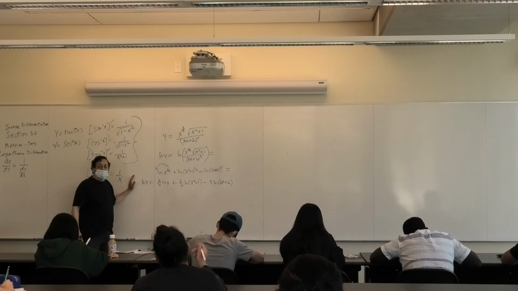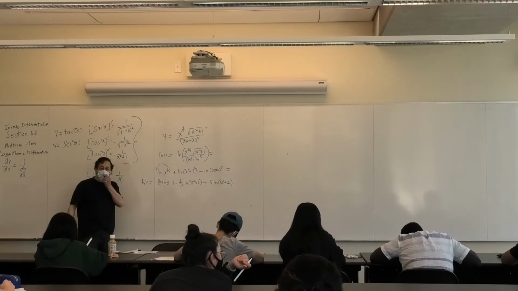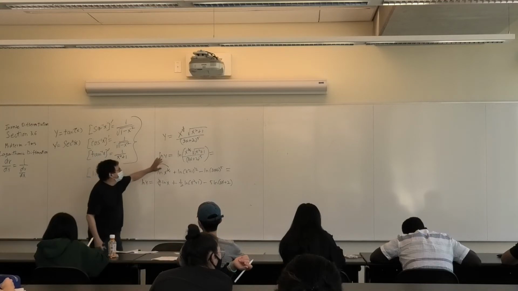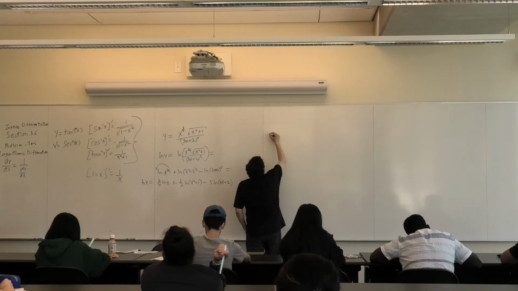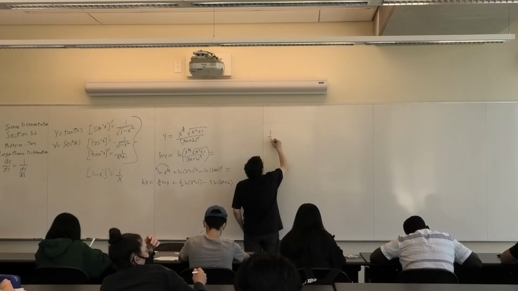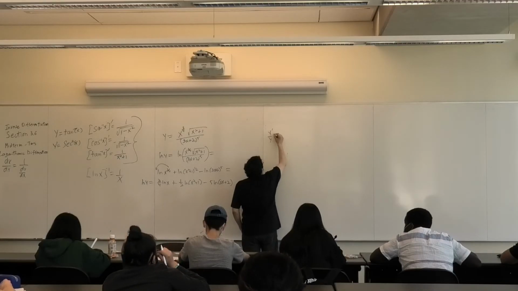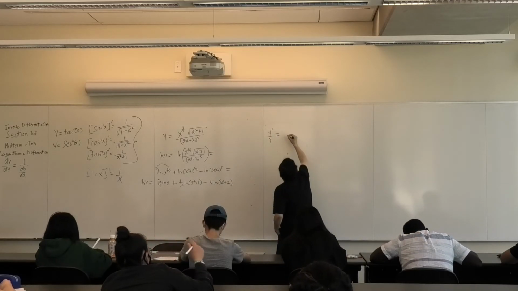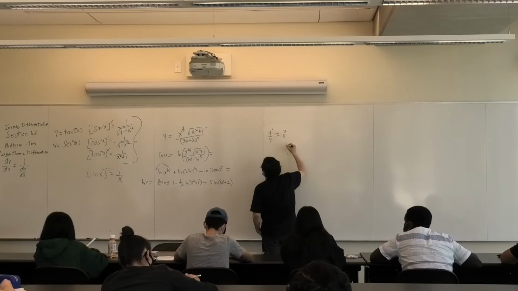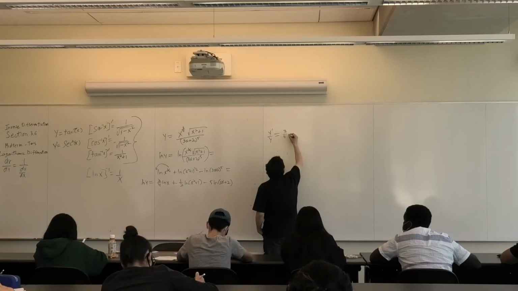Now we're going to find the derivative of both sides. Doing that is much easier than it would have been here. So again, I have 1 over y, which I'm just going to write as y prime over y. And three-fourths times the derivative of the log of x, which is just 1 over x.